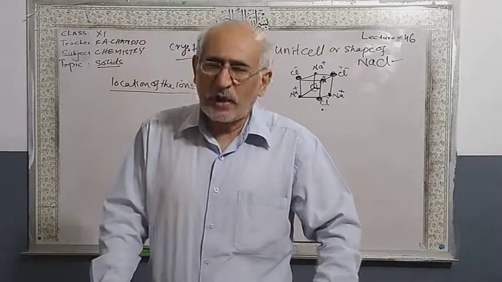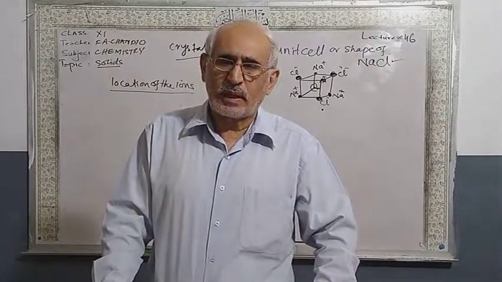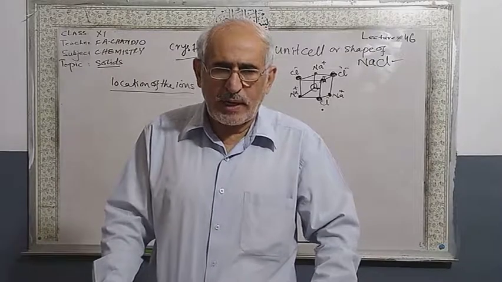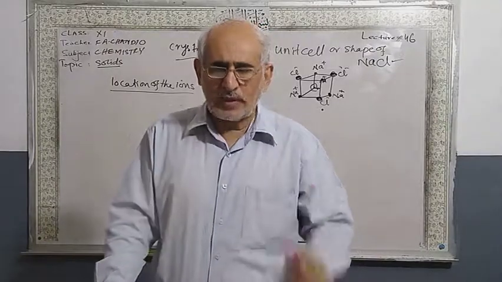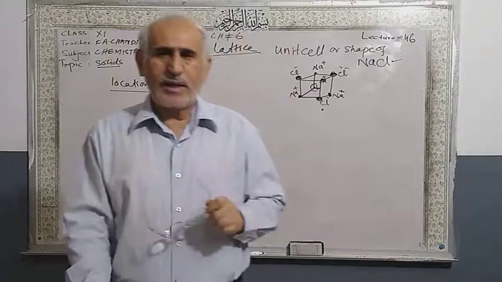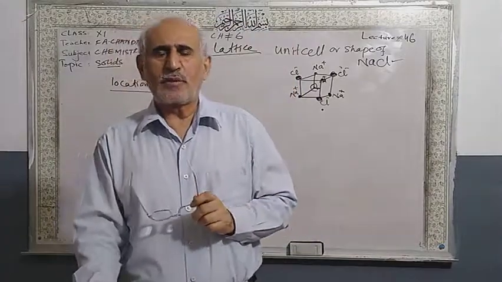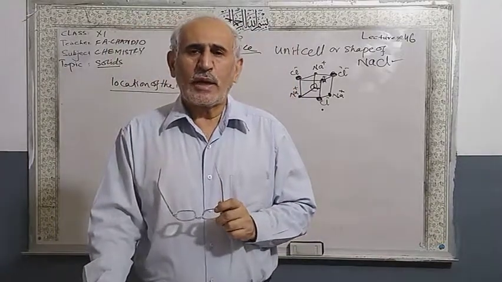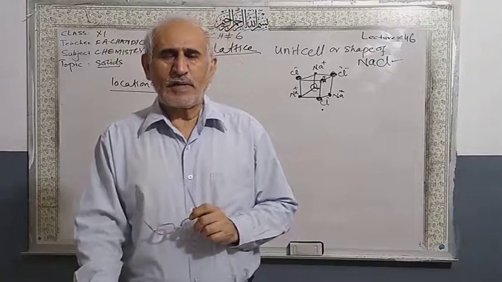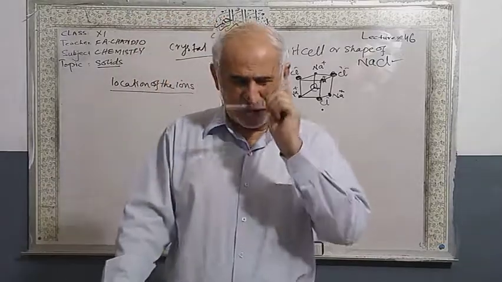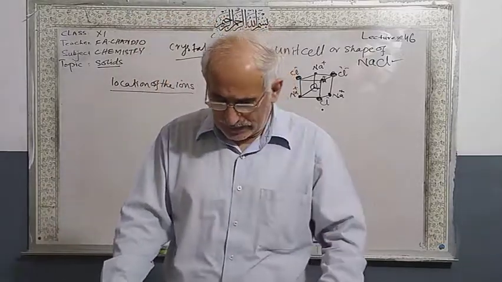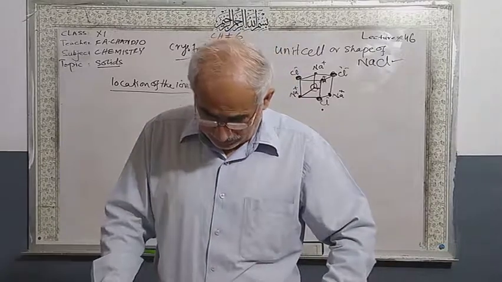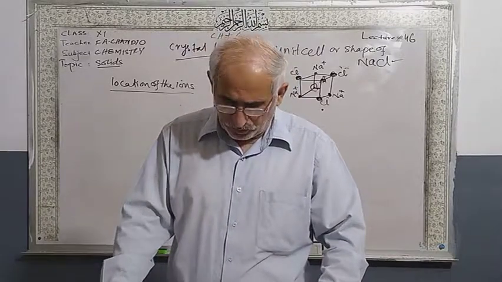The size of chloride, I told you, is larger than that of sodium ion, because sodium loses 1 electron, so only 10 electrons remain, 1 shell is lost. Chloride has 7 electrons, 1 is added, so 3 shells. So chloride ion is bigger than the sodium ion.